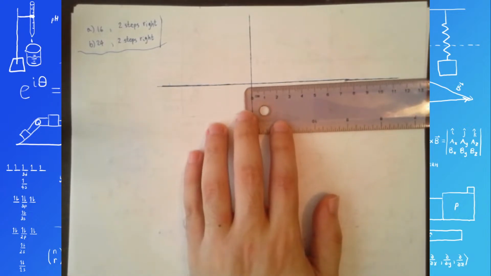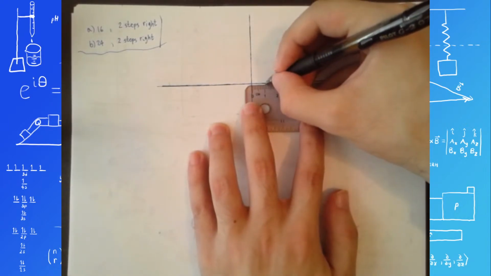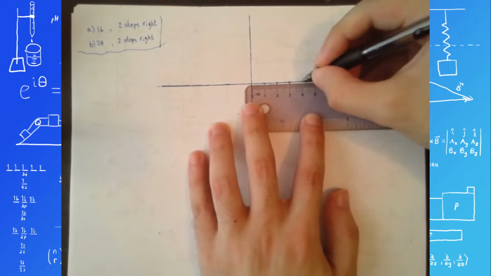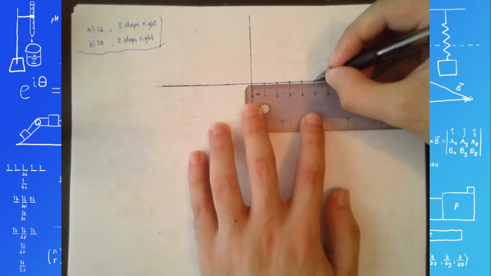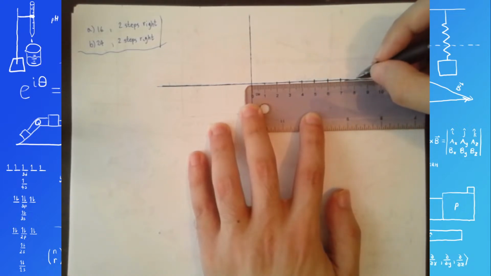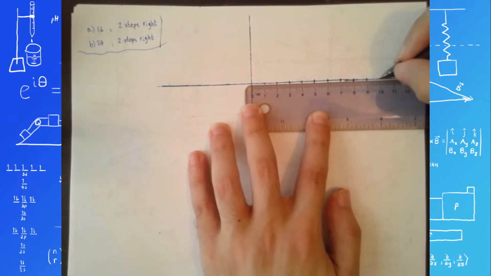So I need up to 8 spaces to the right. I'll just use centimeters. 1, 2, 3, 4, 5, 6, 7, 8, 9, 10, 11.